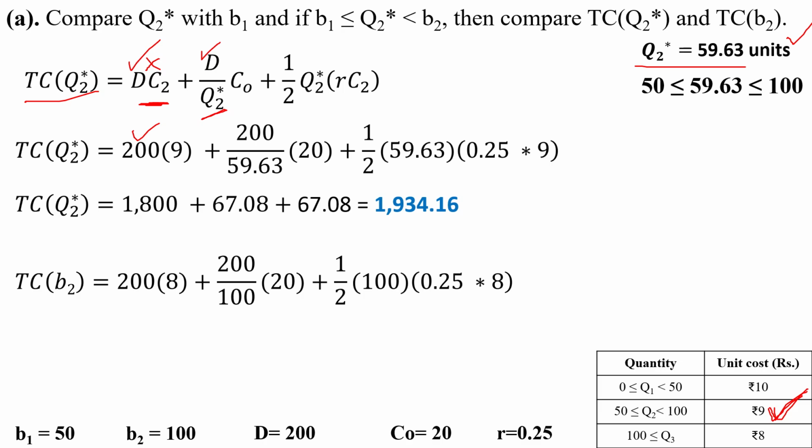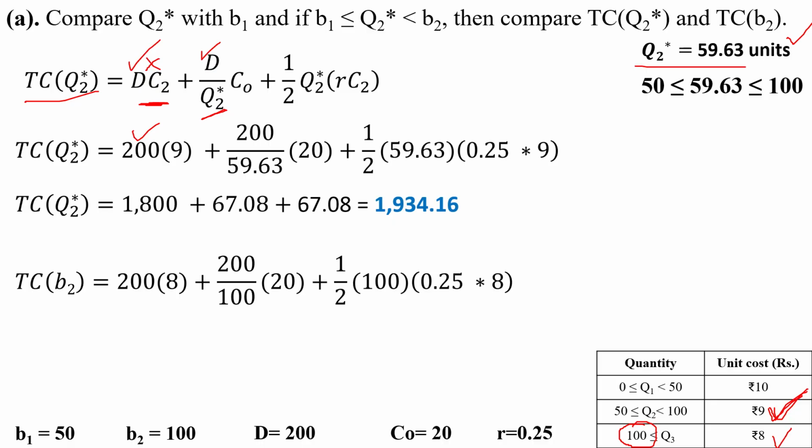Next we determine the total cost for the B2 quantity, which is equal to D times C3. Why C3? Because for the B2 quantity, which is 100, the unit cost is 8 rupees.